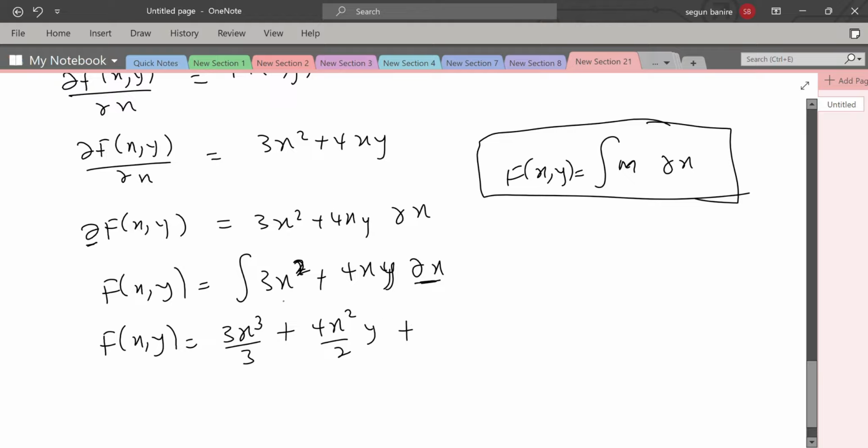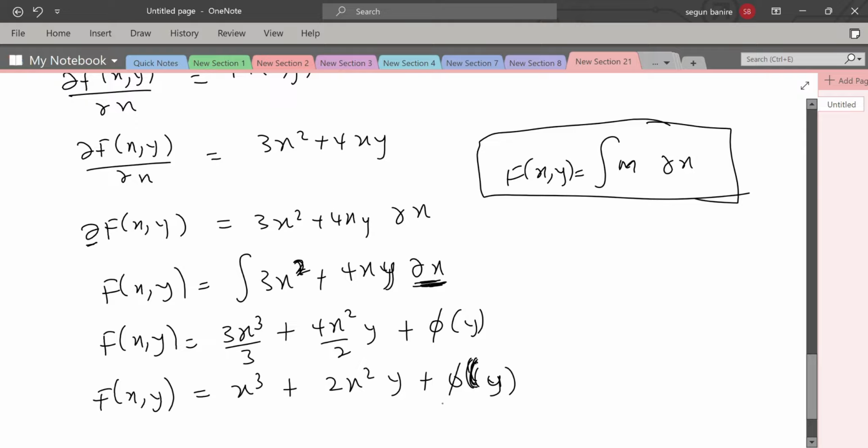Then, if you integrate an indefinite integral, you get a constant. But this time around, the constant will be a function of the other variable, because we are integrating with respect to x. So this will be x cubed plus 2x squared y plus phi of y.